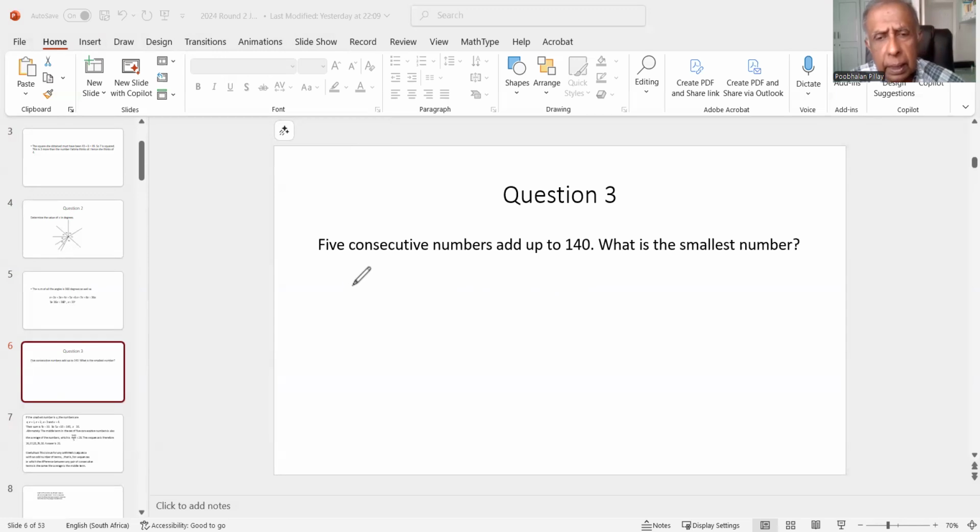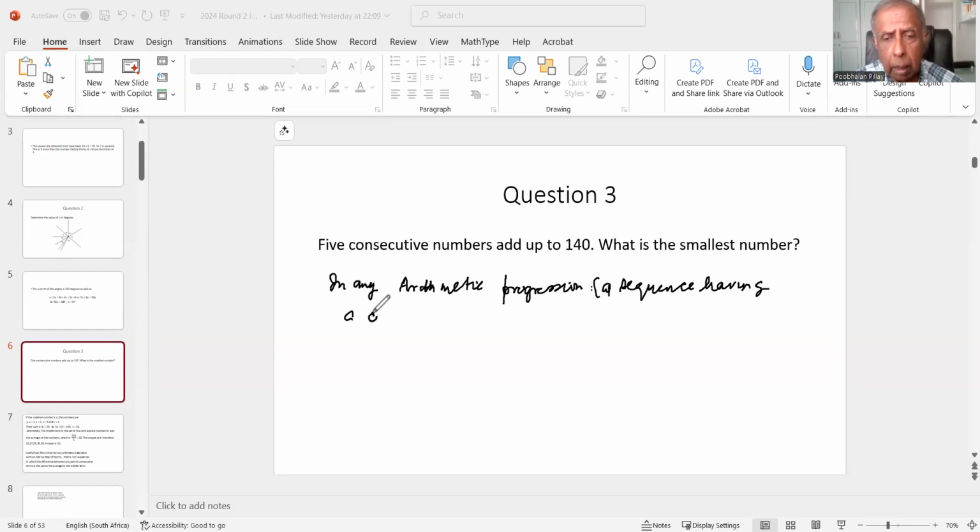Okay, now here's an important fact. In any arithmetic progression, that means the sequence having a common difference, the sum of the numbers, there's a very easy way of calculating the sum.